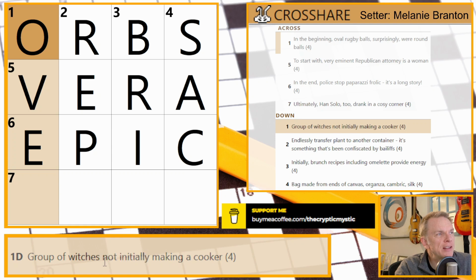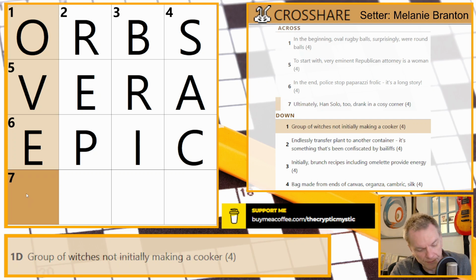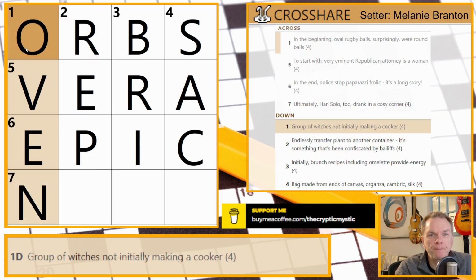So what are we taking the initial letter off? Well, a group of witches. A synonym for a group of witches, we're removing the initial letter, and that's going to make a cooker. So the definition here is a cooker. Now, a common word for a group of witches is a coven, isn't it? We take off that C of the coven, we're left with oven. See? So this is one where we're removing the starting letter.